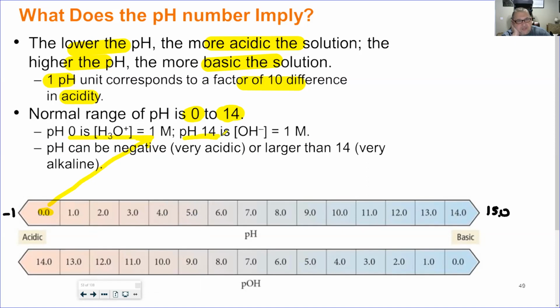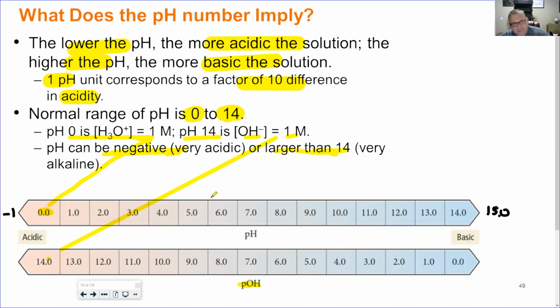On the other end of the scale, if pH is 14, it would imply that the OH minus is 1 molar. So if we look at the basicity scale and plot it as pOH instead of pH, 14 would correspond to 1 molar of the OH minus. Again, as I just mentioned, the scale can be negative and it can be larger than 14 for very, very alkaline or basic solutions.